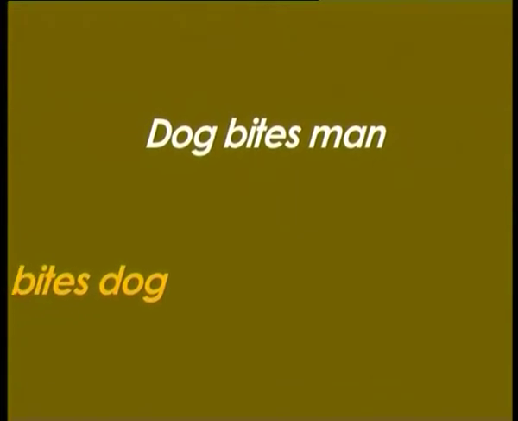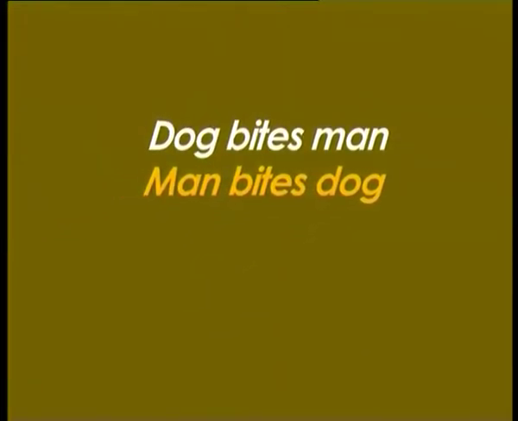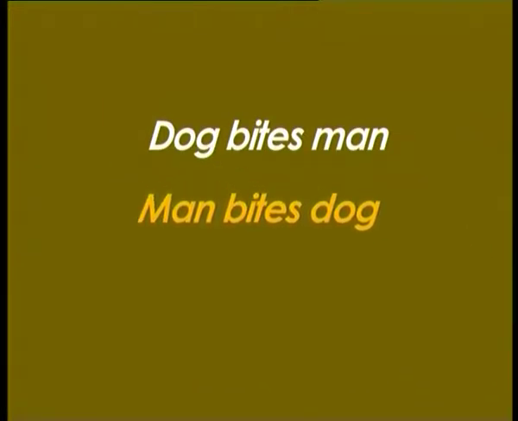Example number 1, dog bites man. In this sentence, we see that this is just an ordinary expected event, barely something worthwhile reporting. Another sentence, man bites dog. This sentence is an unusual, infrequent event which is more likely to be reported.